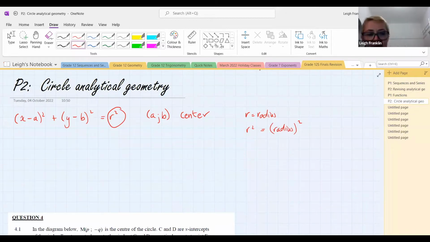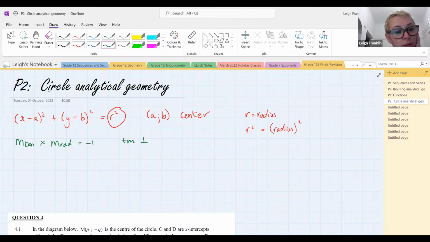The other thing that is important to us when we do circle analytical geometry is the gradient of a tangent times the gradient of a radius always gives us -1, because a tangent is always perpendicular to a radius. So if we just draw ourselves a quick circle over here, there's our circle.